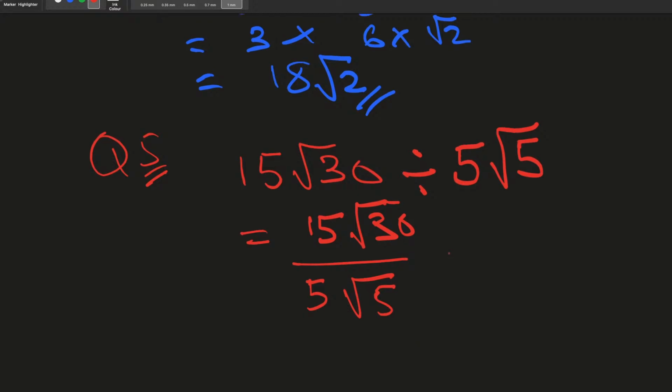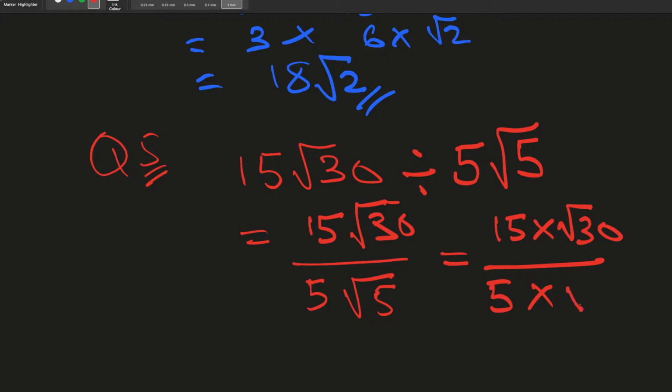And we can further expand this: instead of 15 root 30, it's 15 multiplied by the square root of 30, and 5 root 5 is 5 multiplied by the square root of 5. You see they are multiplying.